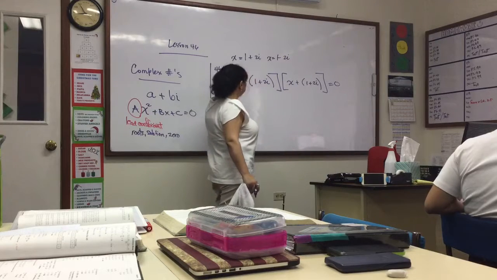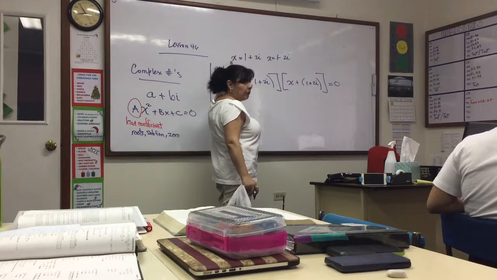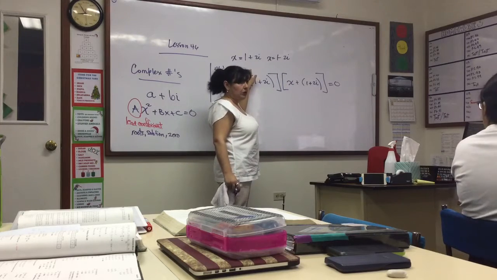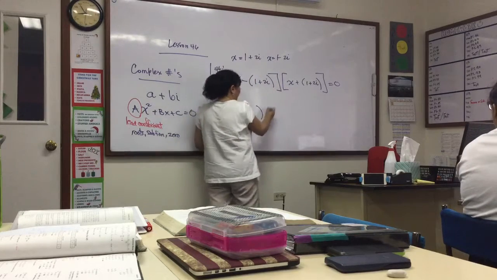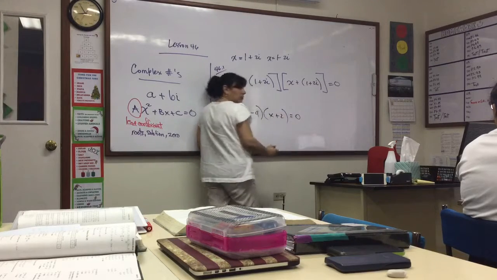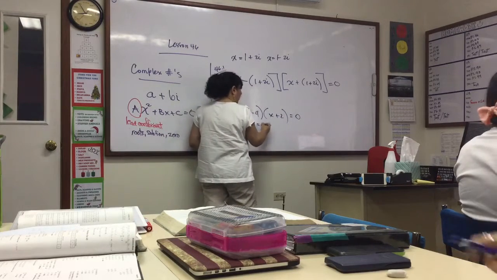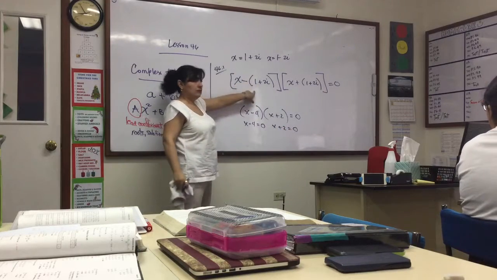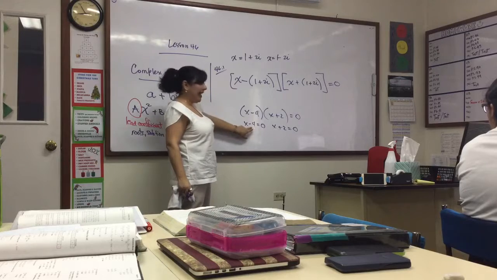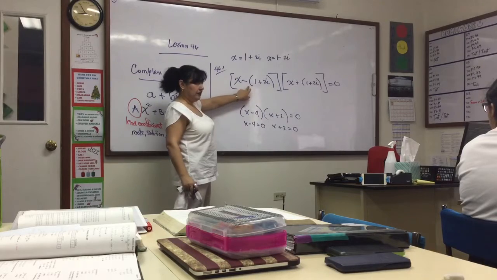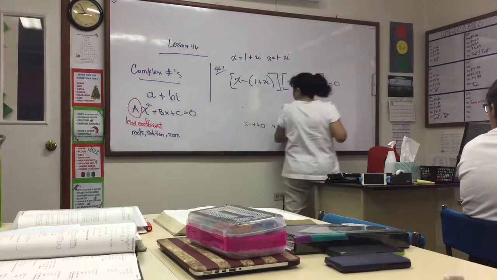Do you understand that if I pass them to that side, it would equal 0? And that happens when you have a factor like this, for example: x minus 4 equals 0, x plus 2 equals 0. So we have this, I passed it to this. Do you understand why I did this?